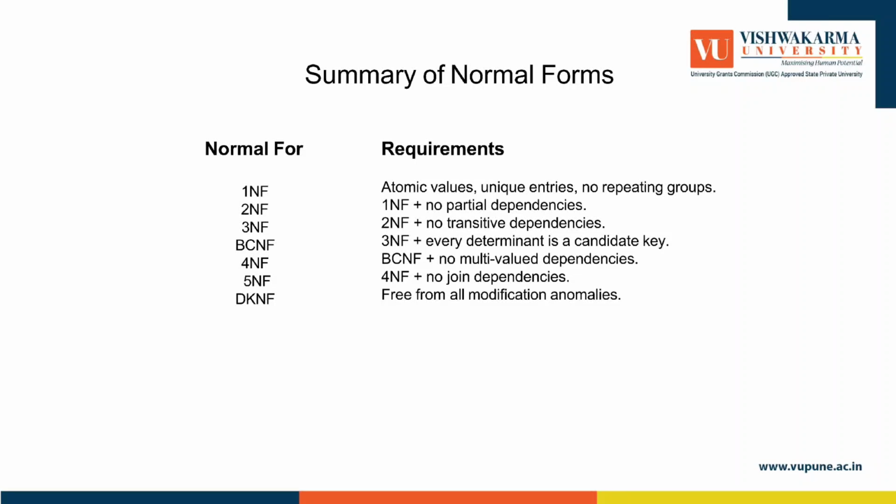BCNF: 3NF plus every determinant is a candidate key. 4NF: BCNF plus no multi-valued dependencies. 5NF: 4NF plus no join dependencies. DKNF: free from all modification anomalies.